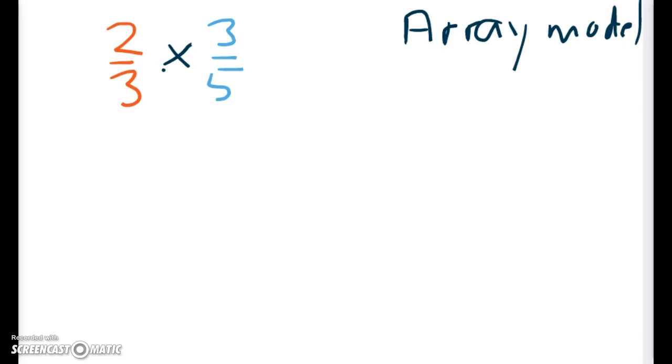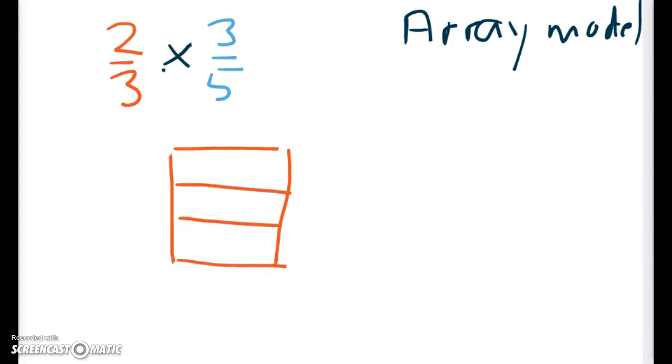So I'm going to draw one whole cake, the red cake. But I know that I only have 2/3 of it. So this is the section that corresponds to the 2/3. And really what we're looking at in the length here is 2/3 of 1 unit.